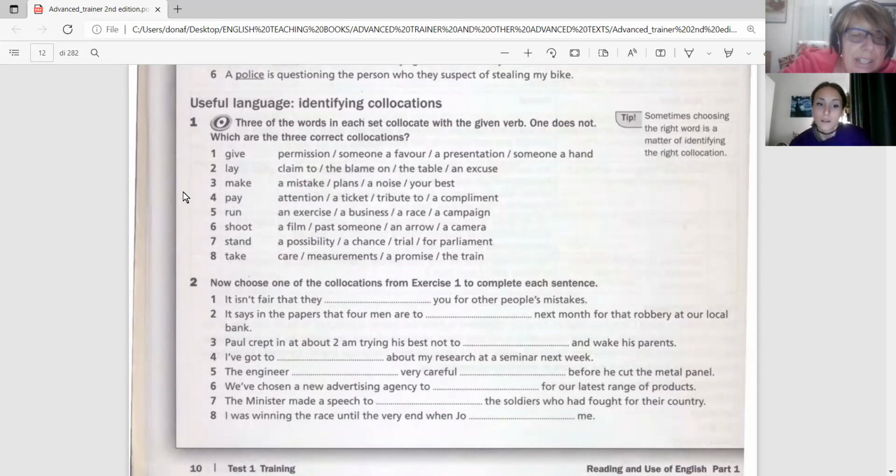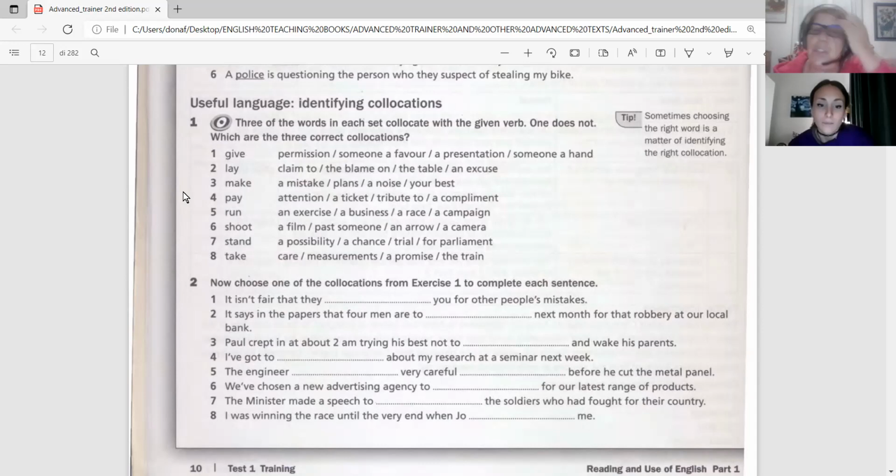Not make, but do an exercise. You do an exercise. But you run a business is correct.